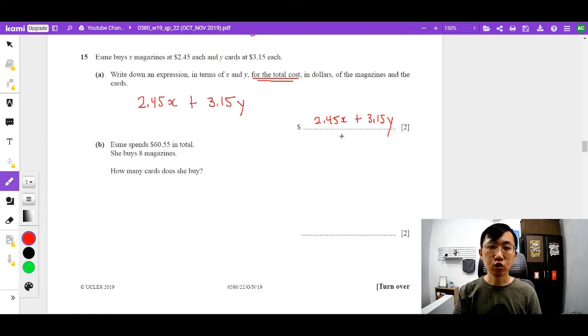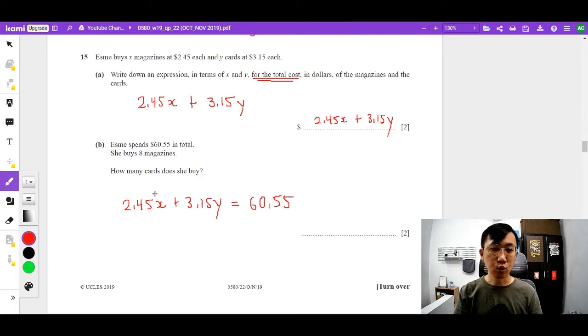Okay, so you lay out this expression again, plus 3.15y. This is your equation for total cost. Now that they have given you the total cost, 60.55, write 60.55 like that.